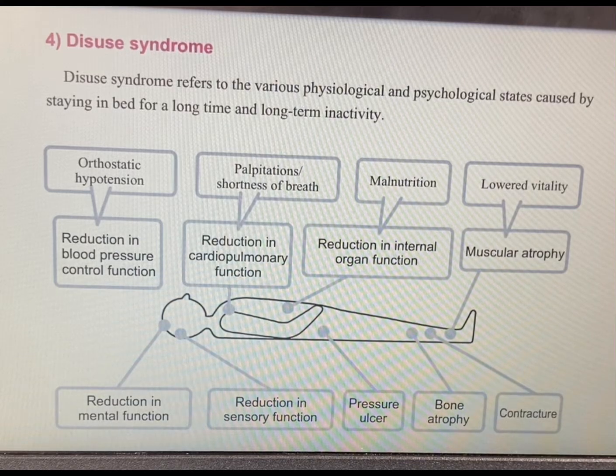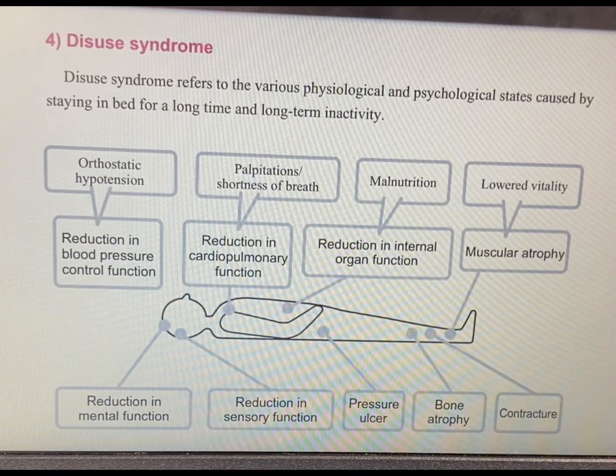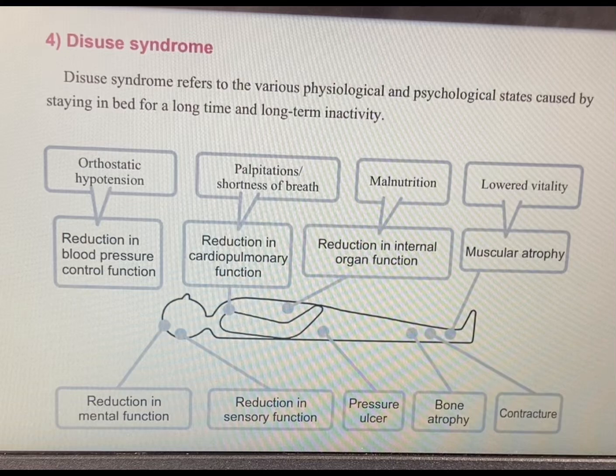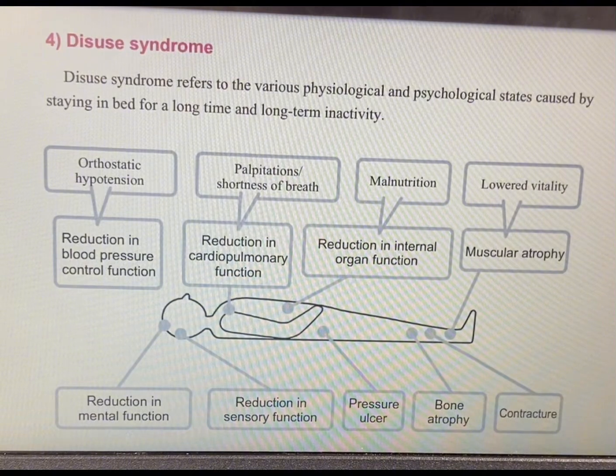Ito po yung feeling na pag biglaan kang tumayo or mag-move from bed, para kang nahihilo, sumasakit yung ulo mo, or para kang magfe-faint. Ganun po yung feeling ng orthostatic hypotension. Next naman na pwedeng mangyari sa'yo ay reduction in cardiopulmonary function.